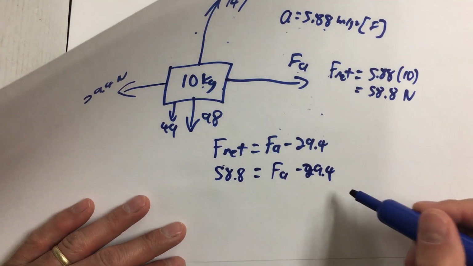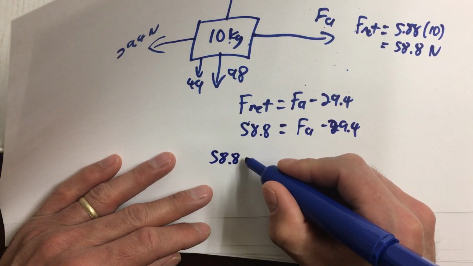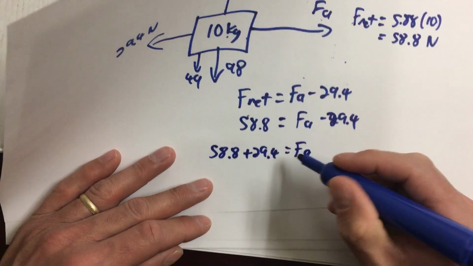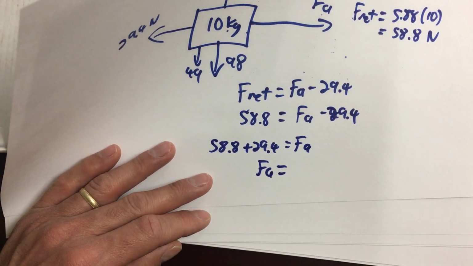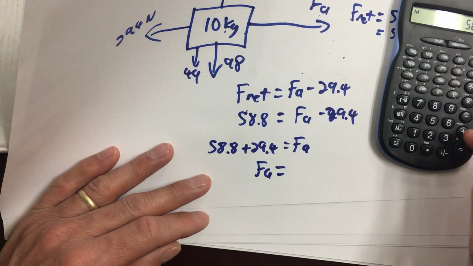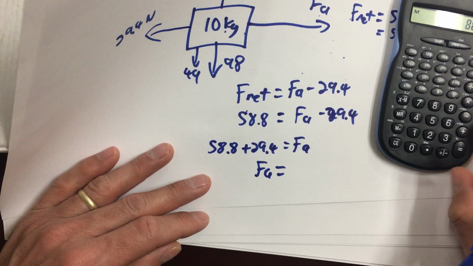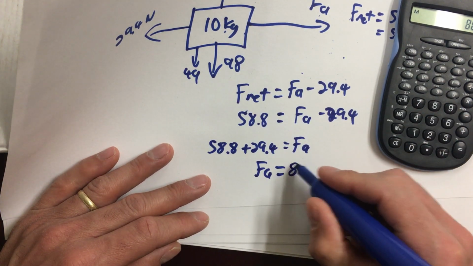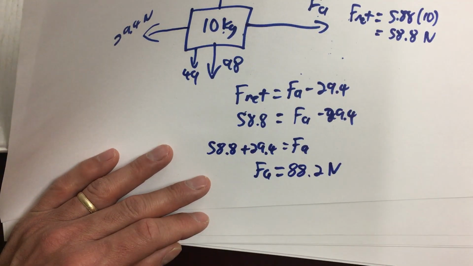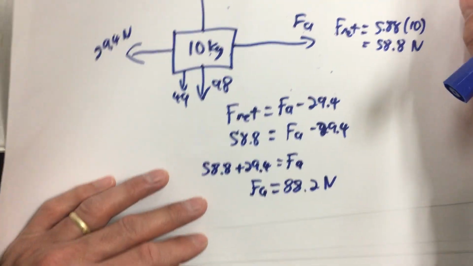I'm going to get rid of that minus 29.4 by adding it to both sides. So the maximum applied force that can be pulled on the bottom block is 88.2 newtons.